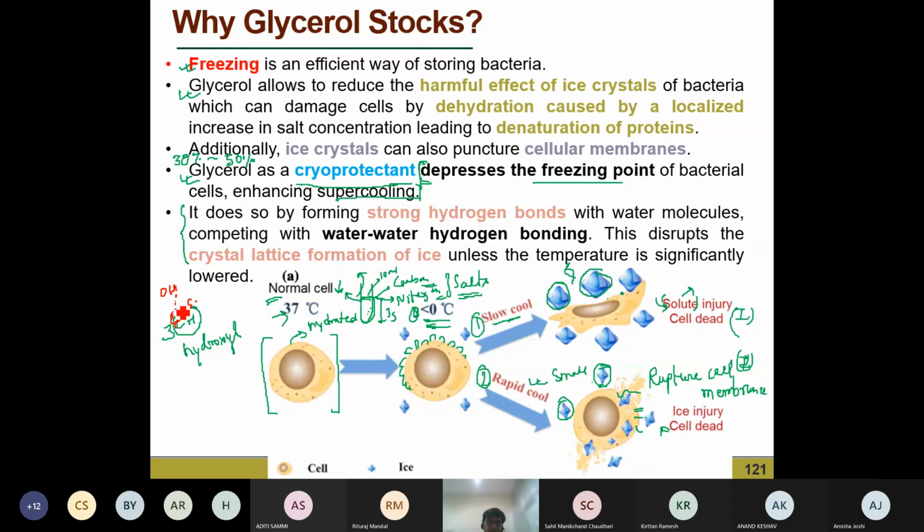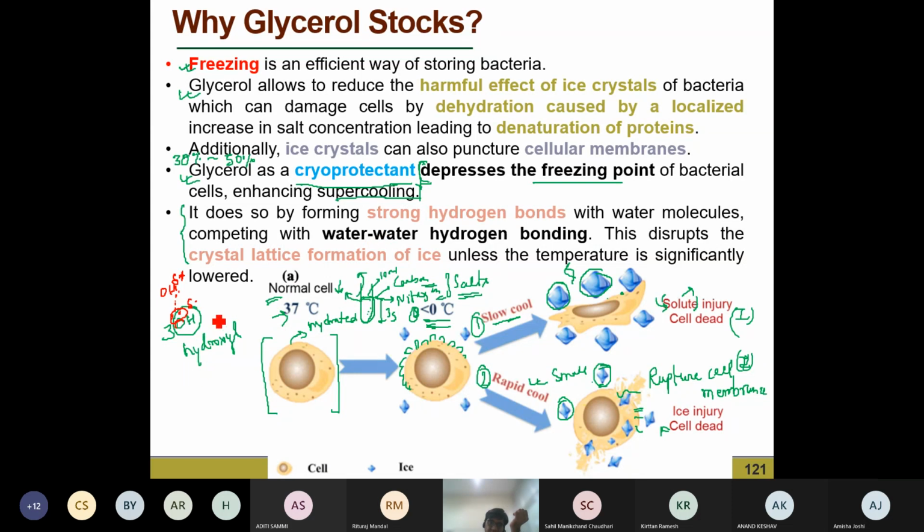Whenever there are other OH groups surrounding it, it creates a partial positive charge on the hydrogen atom, and there is a partial negative charge on the oxygen atom because of these two lone pairs of electrons, and because of that hydrogen bonds occur.